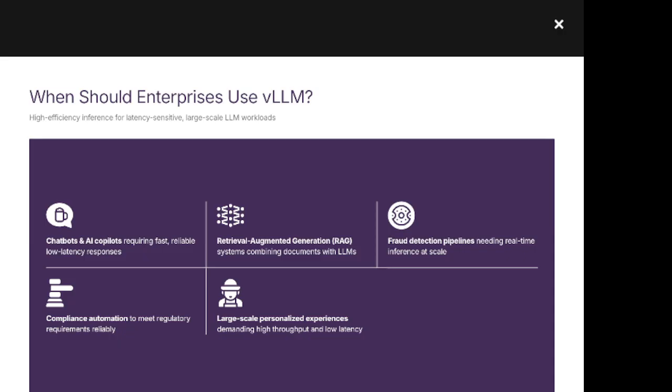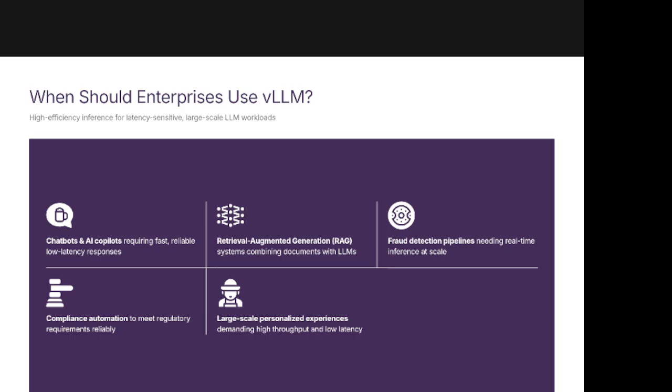Now coming to where an enterprise should use vLLM. Primarily, it can be used with chatbots and AI copilots because we need a low latency response along with fast retrieval for a large scale of end users.